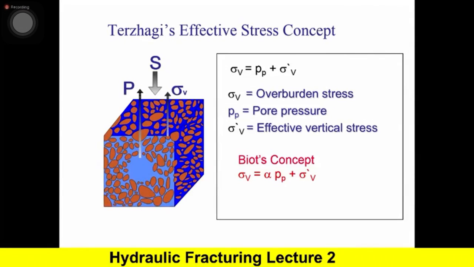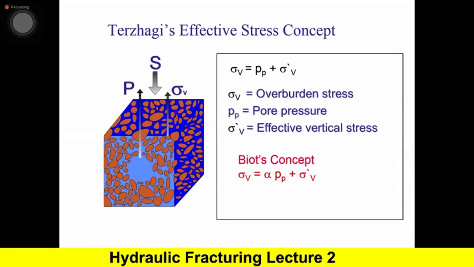What is affecting the propagation or sanding or collapse of the rock is the effective stress, not the total stress. Effective is because the stress is being carried by both the grains and by pore pressure.